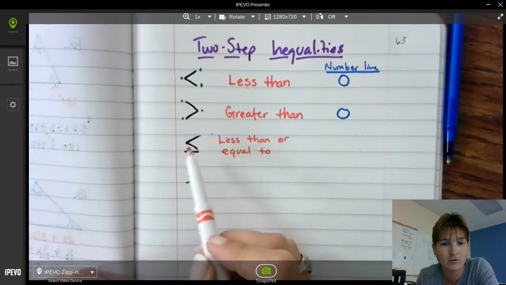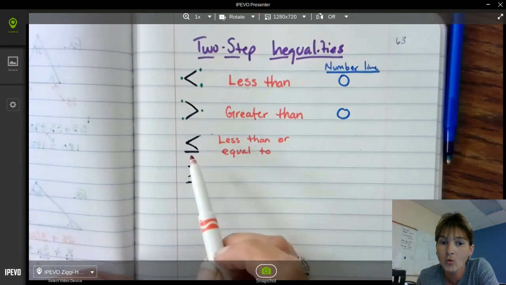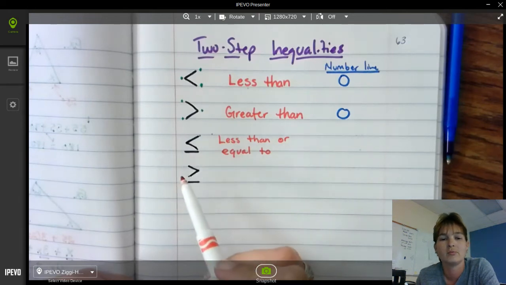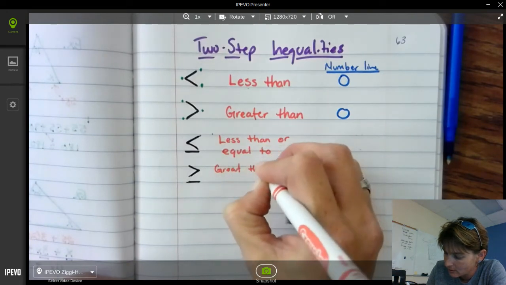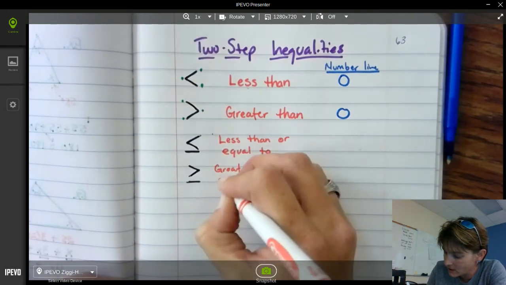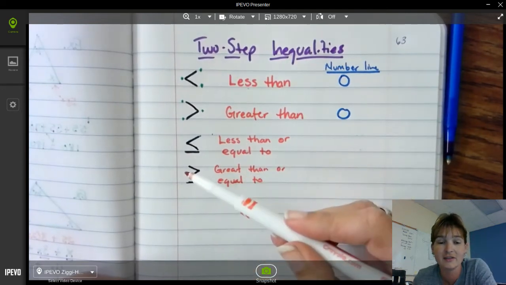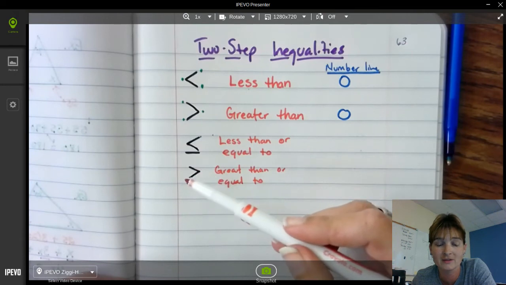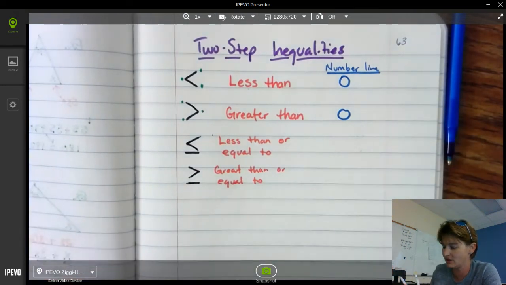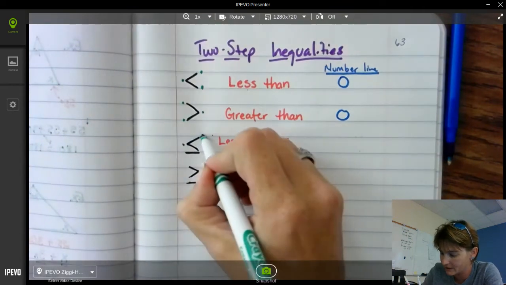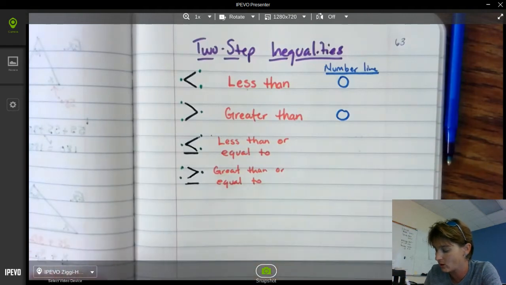So we have less than or equal to, meaning that a variable can be a certain number or less than that. The greater than or equal to is the same thing. The variable can be greater than this number or equal to it. Same thing when reading it: 1 is less than 2, 2 is greater than 1.